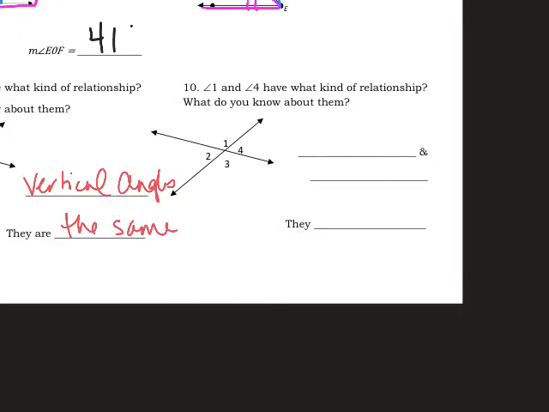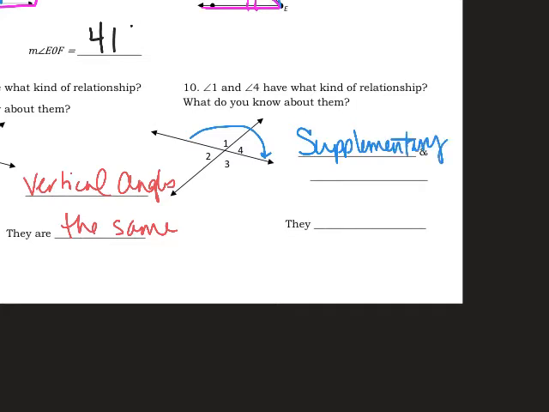All right, for angle 1 and 4, what type of angles are angles 1 and 4? What kind of angles are they? They add up to 180, so I can say they're supplementary. But then they're also some type of pair.